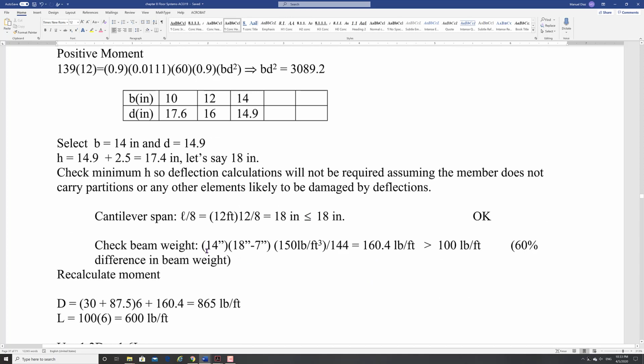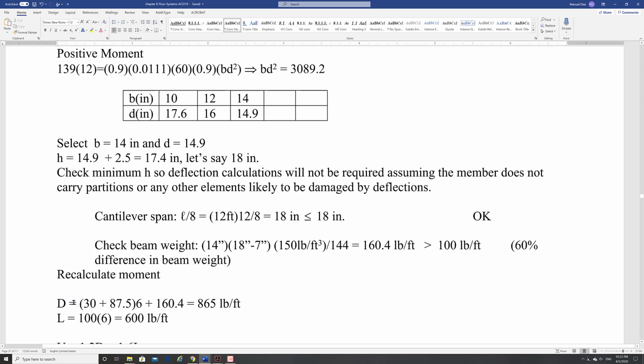We're going to check the beam weight. We need the weight of the beam below the slab, right? And so that's 160. It's greater than the assumed 100 by 60%. So let's see what happened to your moment. Again, to give you an idea of how much error a 60% error in your beam weight will cause in your moment.